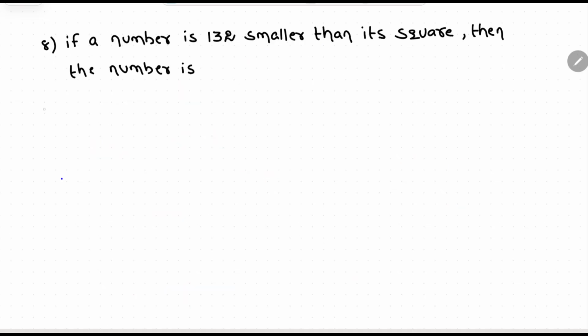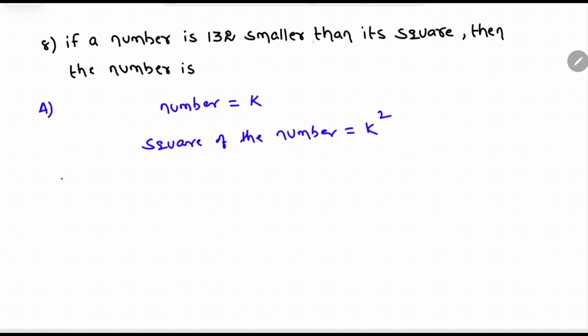So in the given problem, a number is 132 smaller than its square. Here we don't know the number. Let the number be some k. Now the square of the number will become k power 2. Now by the problem, the number will be 132 less than its square.